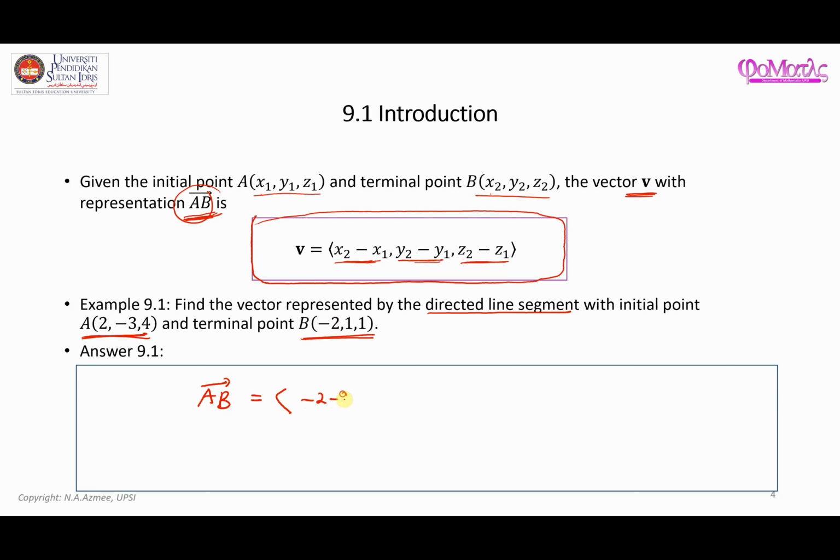Next we will have 1 minus -3, so that will be 1 plus 3. Next is 1 minus 4. And this can be simplified as <-4, 4, -3>. So that's the answer to this very simple example on vector representation.